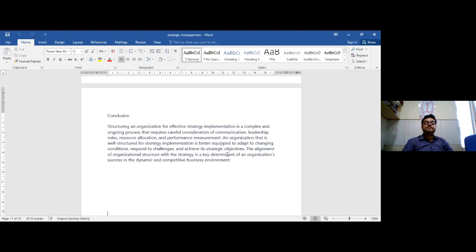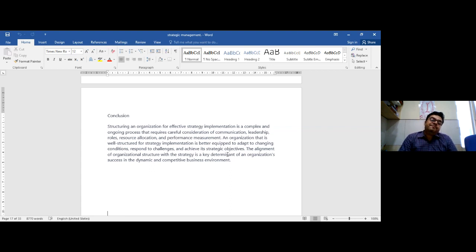It aims at defining an organization that is well structured for the purpose of strategy implementation, and it is better equipped to adapt to the changing conditions, respond to challenges, and achieve its strategic objectives.